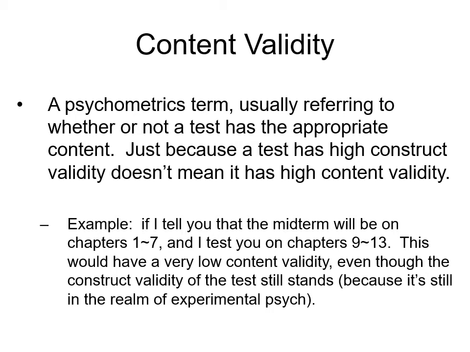The classic example is that if I tell you the midterm will be on chapters 1 to 7 and I test you on chapters 9 to 13, this will have very low content validity, even though the construct validity of the test still stands because it's still in the realm of experimental psychology. Now I promise I won't do that. I'm only going to test you on the midterm on the stuff that we have covered so far in the first whatever weeks that we have done.